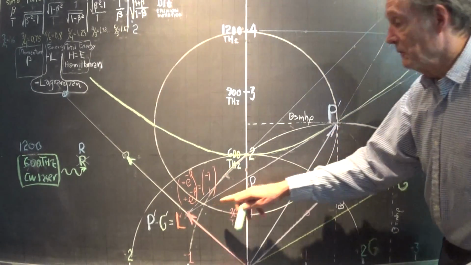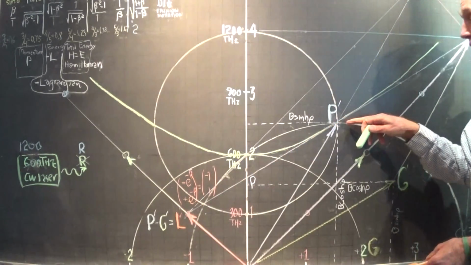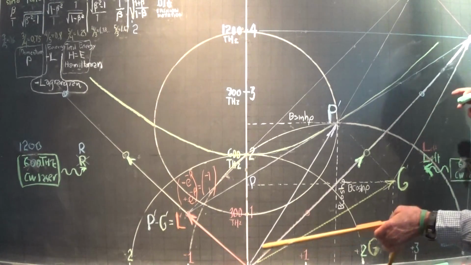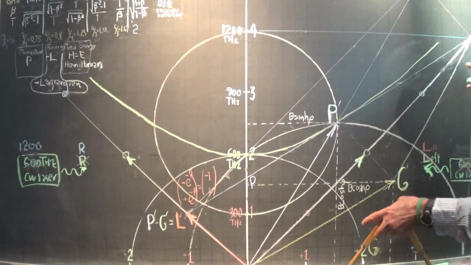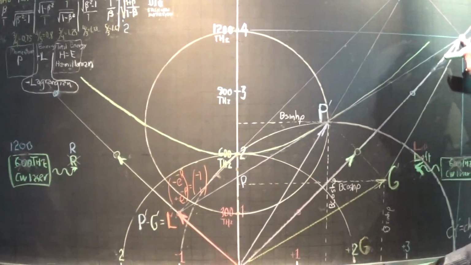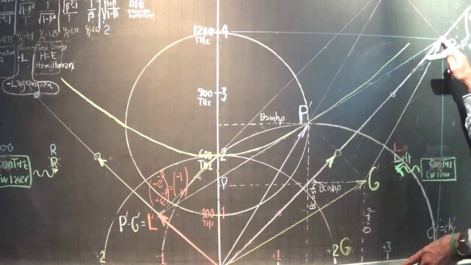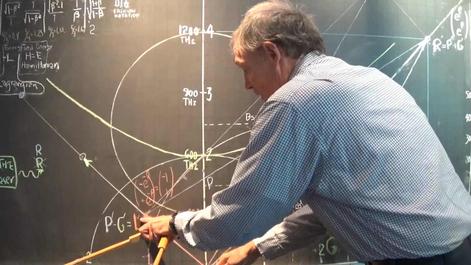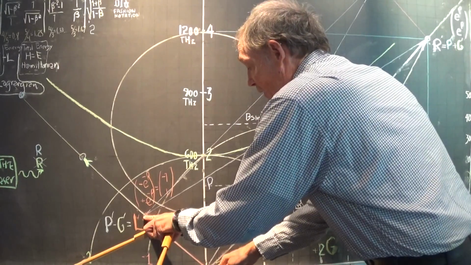This vector right here was half the difference between these two vectors, the ultraviolet 1200 terahertz laser line and the infrared 300 terahertz laser line right here.